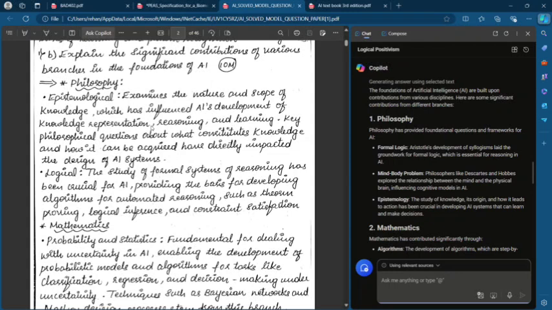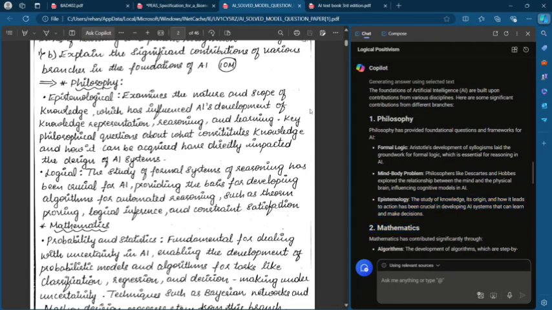It can be pictorial, or if we have to represent knowledge to AI, we'll use logical connectives, quantifiers, etc. Developing AIs that can learn and make decisions: knowledge representation, reasoning and learning. Key philosophical questions about what constitutes knowledge and how it can be acquired have directly impacted the design of logical systems. See, epistemology: the study of knowledge, its origin and how it leads to action has been crucial in developing AI systems that can learn.